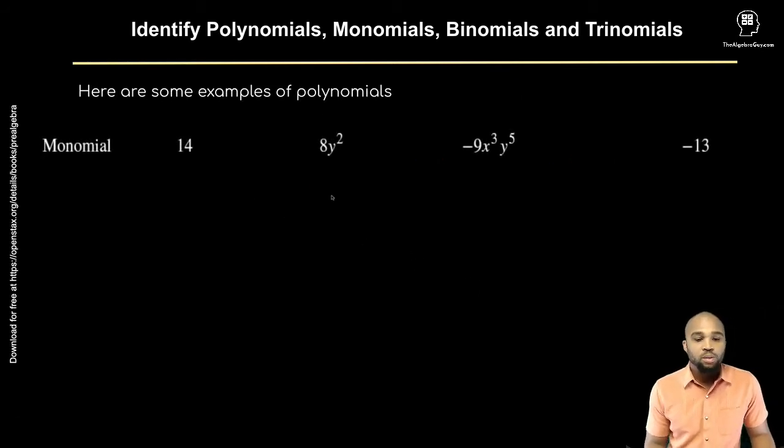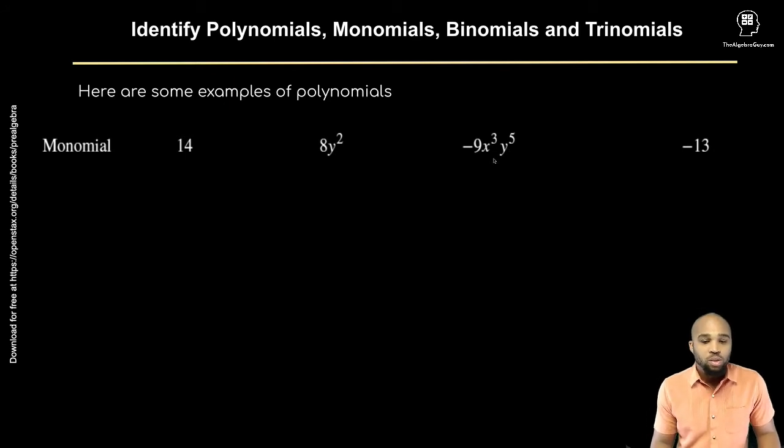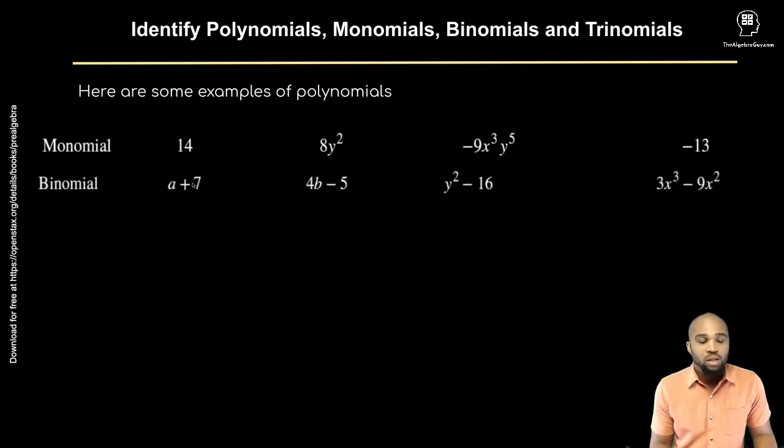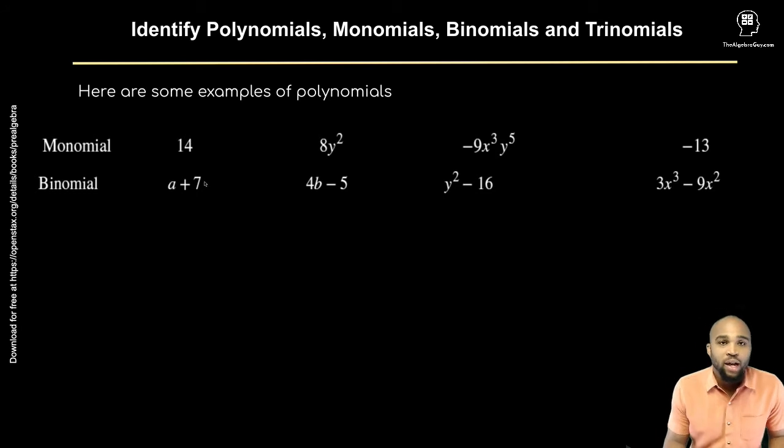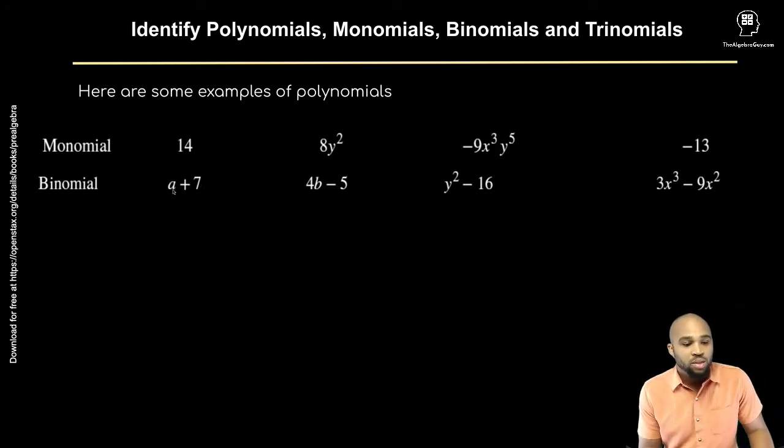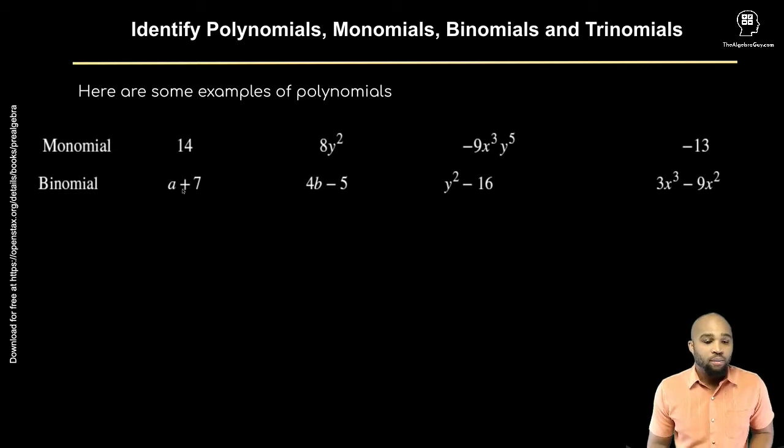So monomial, here are some examples of monomials. Notice that it's just that term and it's not separated by any addition or subtraction. Now, as soon as we introduce addition and subtraction in between terms, now we have different terms, because notice that a and 7 are completely different. They don't share a variable at all. So these are 2 completely different terms.